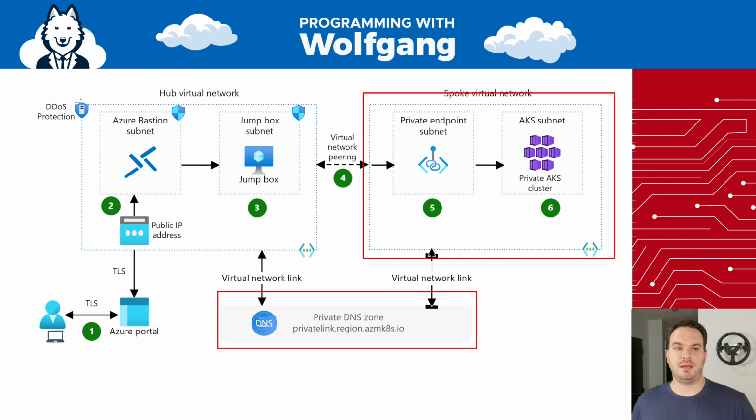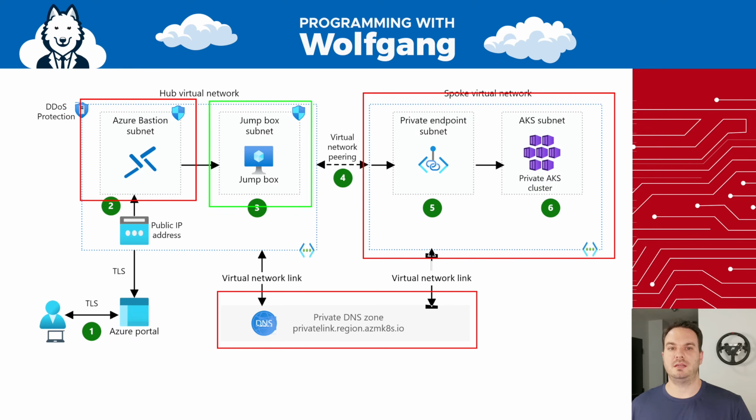And then on the left side, we have here the Azure Bastion instance. Azure Bastion is a jump host. This means we can securely connect over the internet via SSH or RDP to Azure Bastion. And from Azure Bastion, we can connect somewhere else. In this case, here in the green box, back then we had to use a jump box. That's a VM.